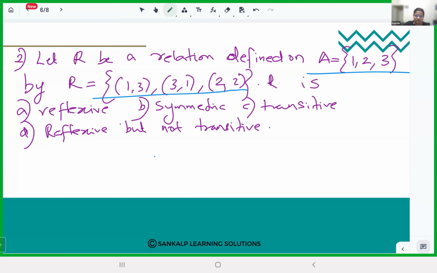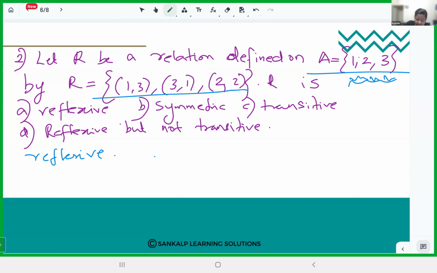First, we'll start with reflexive. Is the relation reflexive? Consider the elements in set A: 1, 2, and 3. If a relation R is defined on this set, for that relation to be reflexive, what is the condition?